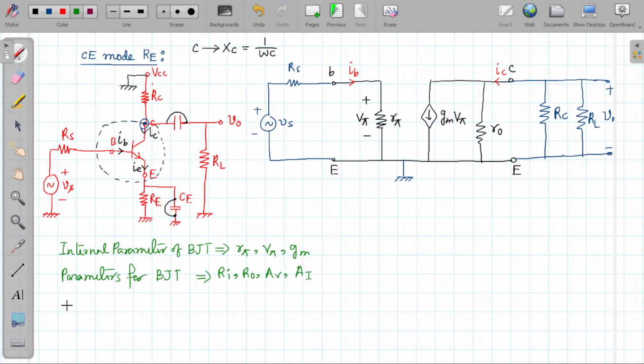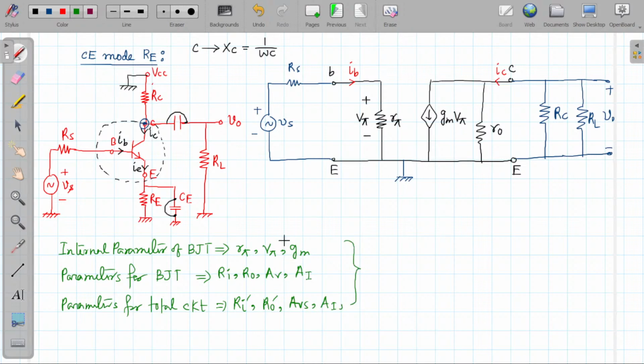Similarly, we will also have some parameters for the total circuit, which will be Ri dash, R0 dash, AVS and AV0. So AVS and AIS are the voltage gain and current gain of the total circuit. So these are the different parameters that we have to find.